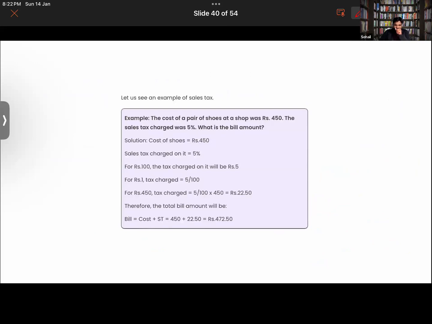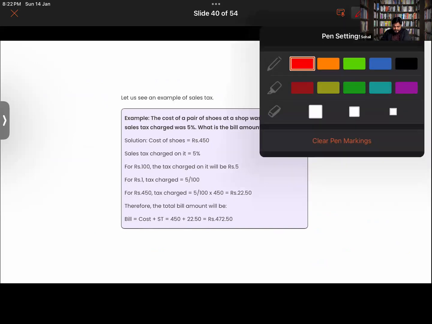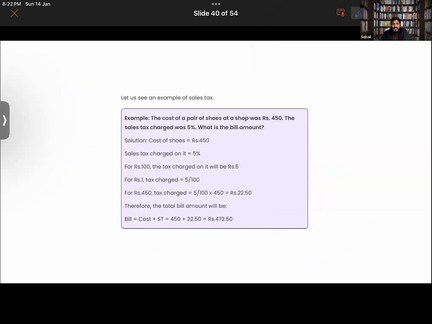See this question. The question here says that the cost of a pair of shoes at a shop was rupees 450 and the sales tax charge was 5%. What was the bill amount? It's a reverse question here. So simply, cost of shoes given is rupees 450 and the sales tax charge is 5% of it.